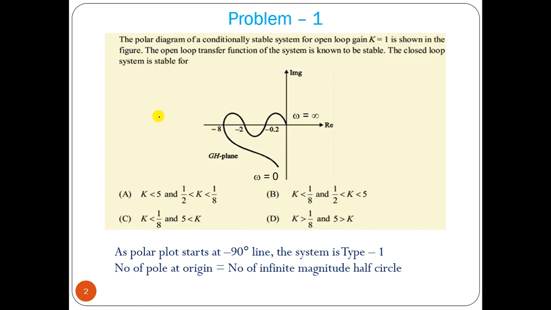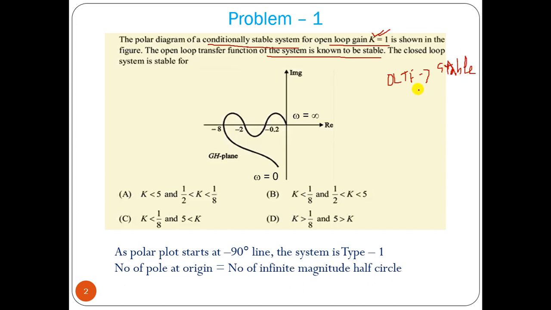What is said is that the polar diagram of a conditionally stable system for open loop gain k equal to 1 is shown in the figure. So this is the polar plot of a system which has gain value k equal to 1. The open loop transfer function of the system is known to be stable, that is given.